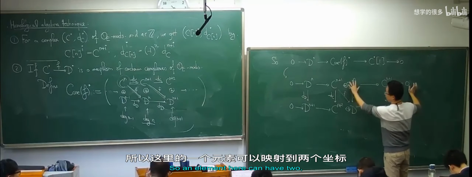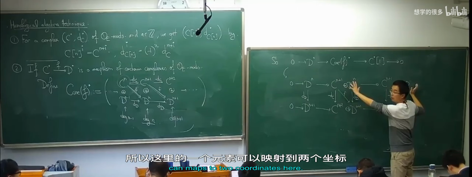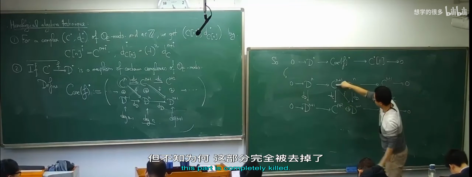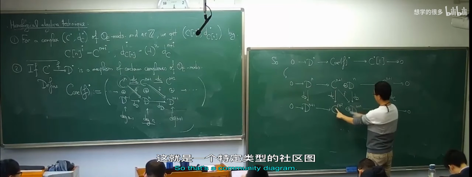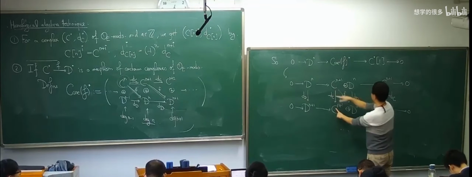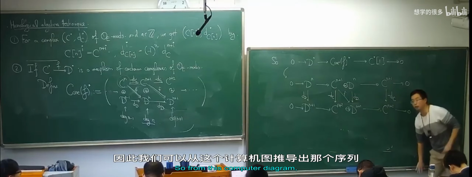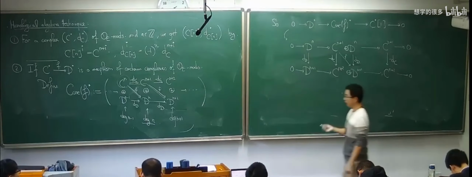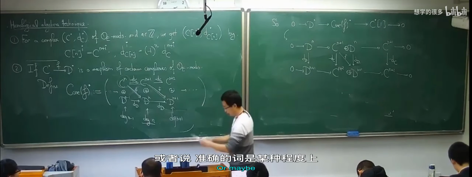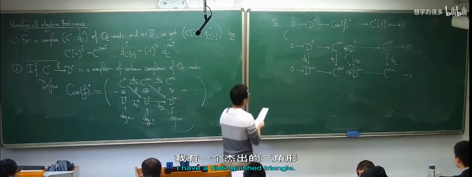So an element in here can map to two coordinates here, but this part is completely killed. So you only see the minus d_C part. So that's a commutative diagram. From this commutative diagram, we get a long exact sequence, or maybe the correct word for it is that I have a distinguished triangle.